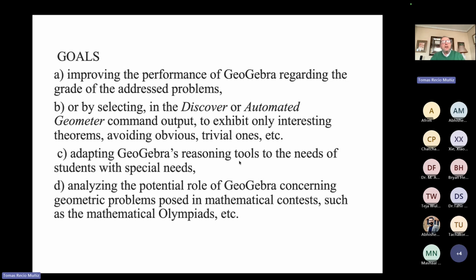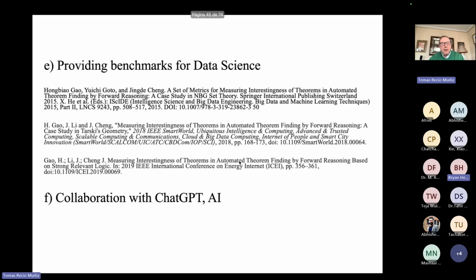For instance, if I am a teacher, one of the jury of a mathematical Olympiad, and I would like to verify that a statement is of a certain level of difficulty, I can ask GeoGebra Discovery, please tell me the rank of this statement. These are some of the possible applications.